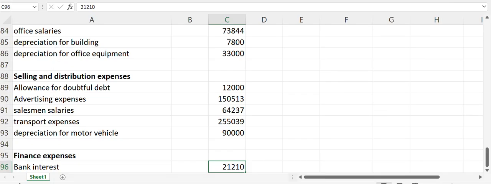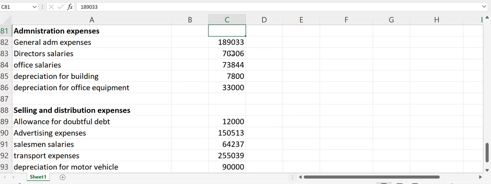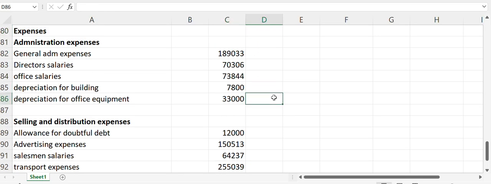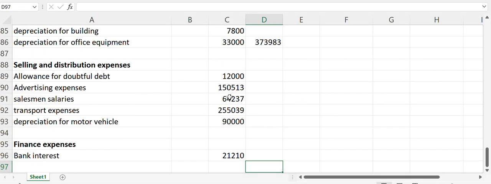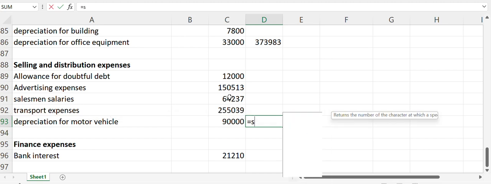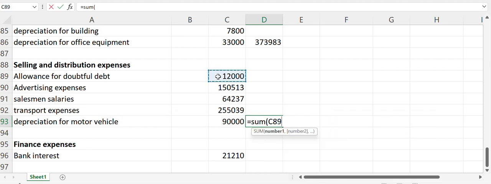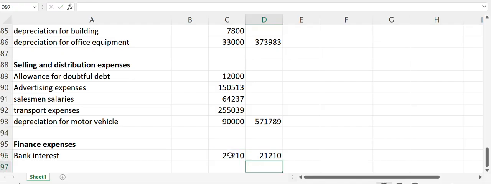Yes, so let us add the expenses. So we start with the admin. So we have that. We have that. And we have that.